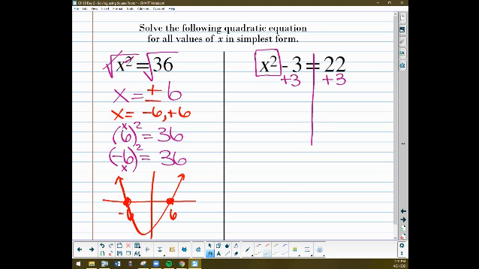And I know a lot of you like to do that line. We'll do that line. Okay? So those will cancel, which means I have x squared equals 22 plus 3, which is 25. Now this looks just like the one we just did. In order to solve for x, I need to take the square root of both sides.